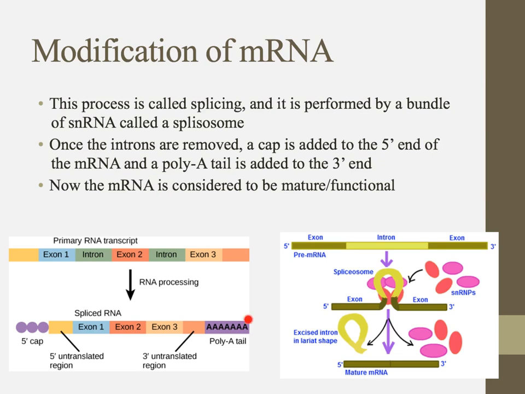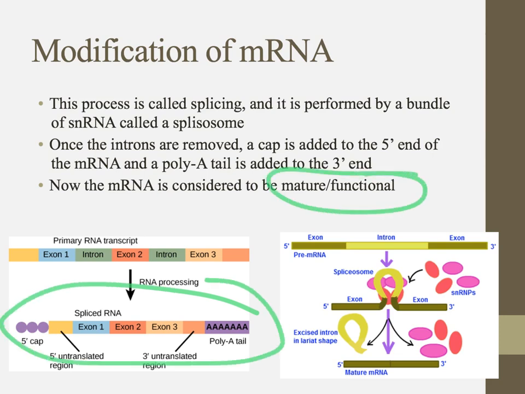And we add a poly A tail to the 3' end. Poly meaning many, A, literally many A bases. Okay, and here's the tail. So we have a 5' cap, a 3' tail, and all of our spliced exons together. This is what we now consider to be our functional or mature mRNA, and it's ready to leave the nucleus and be translated.